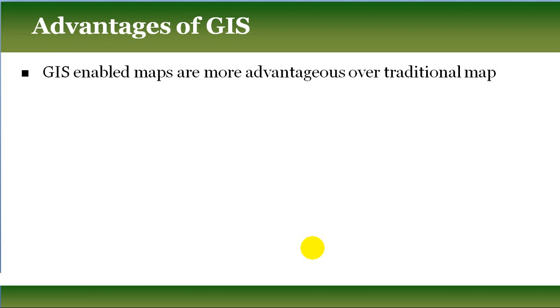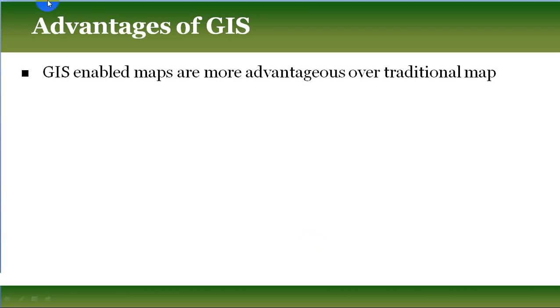That means in a paper map you can't change the scale or size of the map. It's fixed. It's static in nature. You can't change the scale, you can't see the details view, or change the size of the map. The area is fixed content. And also in this paper map there is no user interaction.